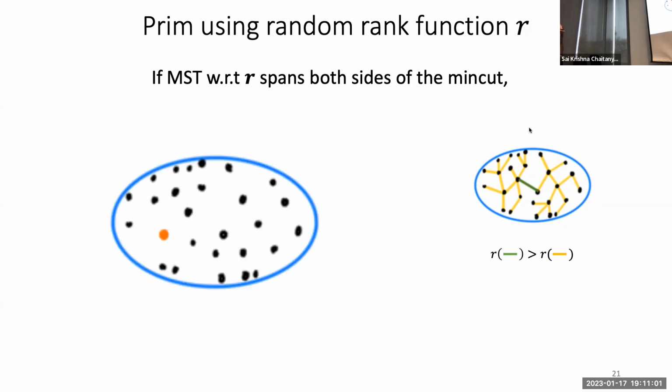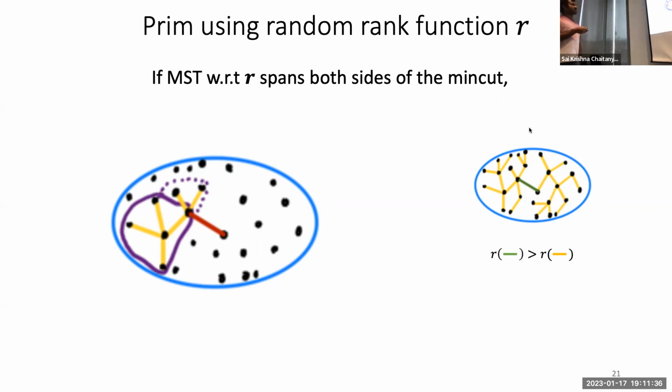Keeping this in mind, let us apply Prim's algorithm, which again gives us a minimum spanning tree, starting from some vertex X. We expand this X along the minimum ranked edges along its cut. We keep doing that. At some point we encounter this final edge, this green edge, which I colored red here.